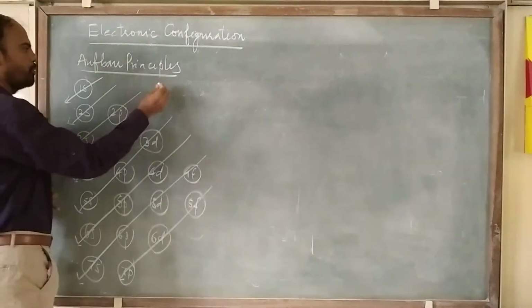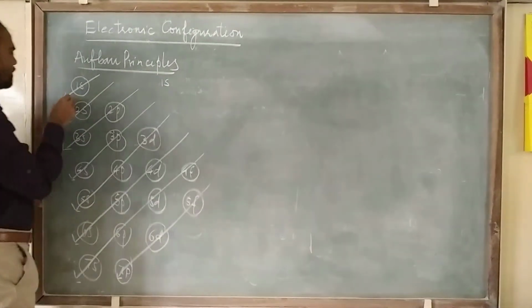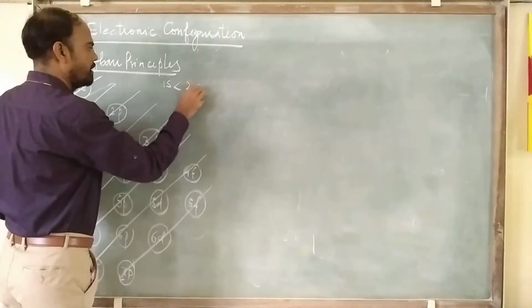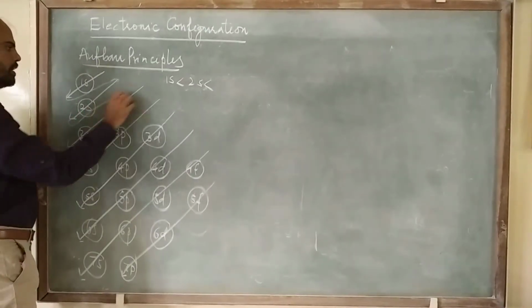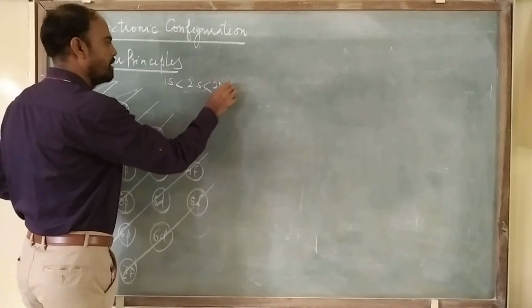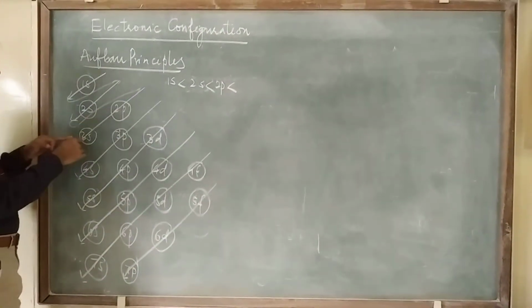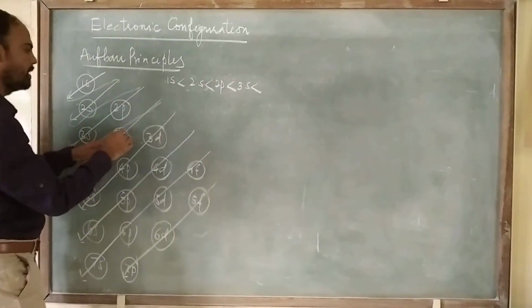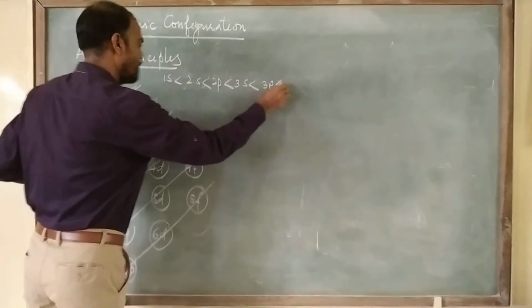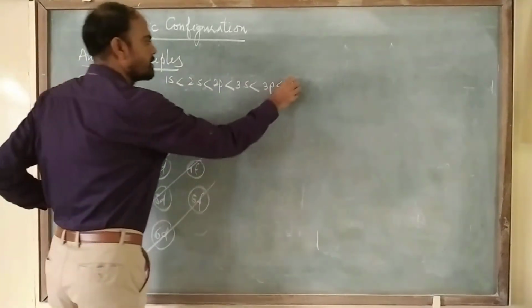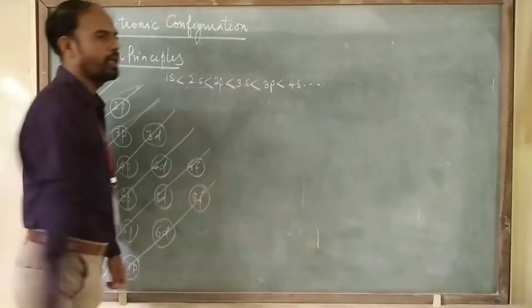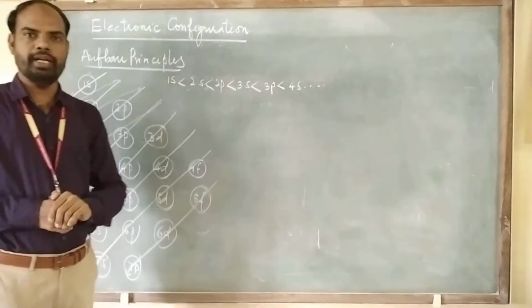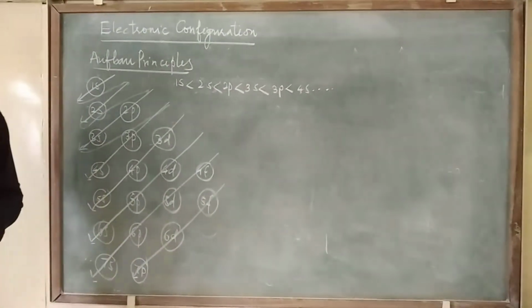From the 1s atomic orbital the order is 1s, then 2s, then 2p, after 2p there is 3s, after 3s there is 3p, after 3p there will be 4s, and like this you can arrange the increasing order of energy of the atomic orbitals. This is the Aufbau principle.